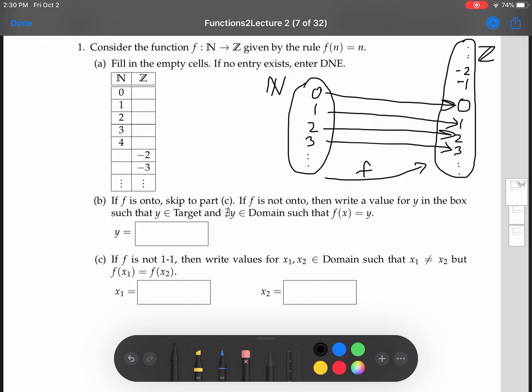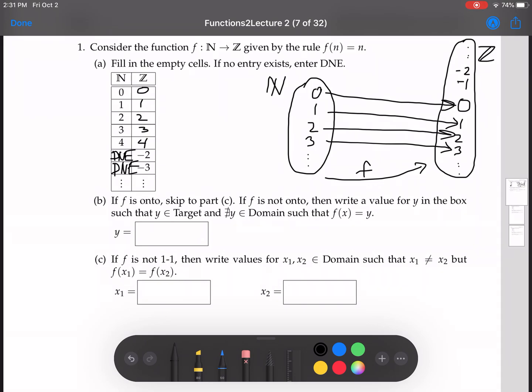Right, okay, so filling out the table, we would just say 0, 1, 2, 3, 4. But for the negative integers, there's nothing that comes over to them. So we have "do not exist" here, "do not exist" here. All right, so that's the first part.